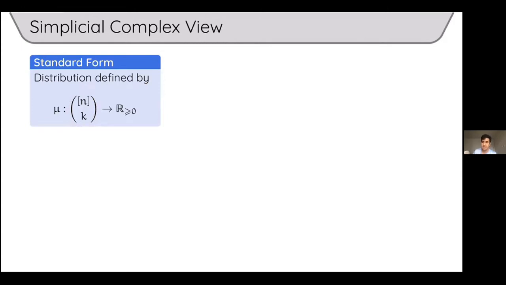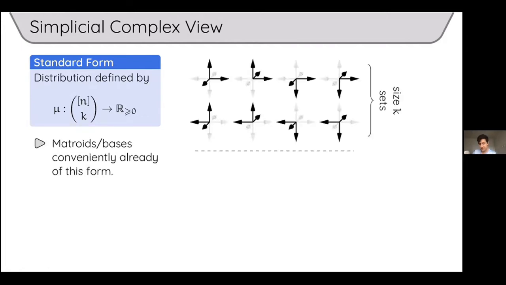Some distributions are naturally of this type, and for some you have to do a little bit of work. For example, matroids are always of this type. If you are in k-dimensional space, then the subsets of vectors that form a basis are always of size k. So this mu would give a weight of 1 to things that are a basis, and a weight of 0 to anything that's not a basis.